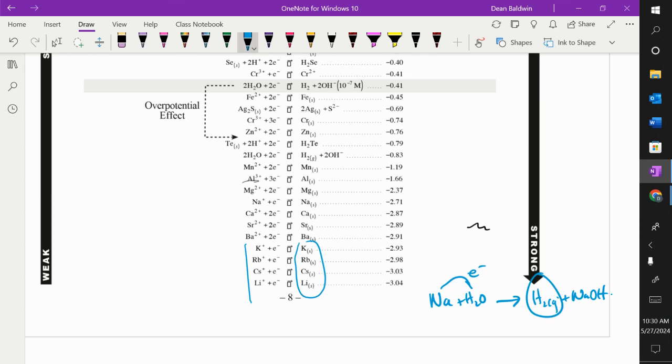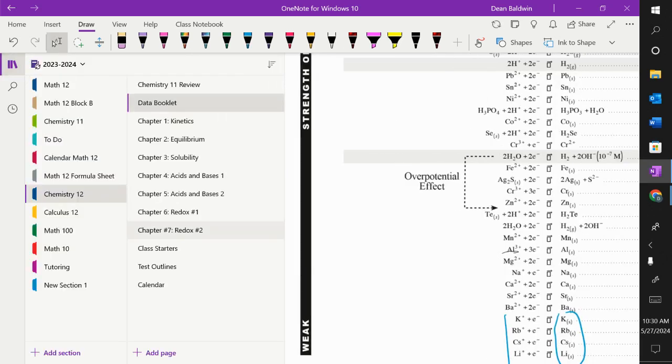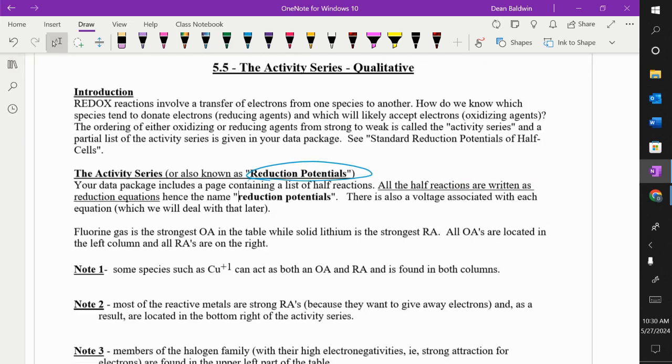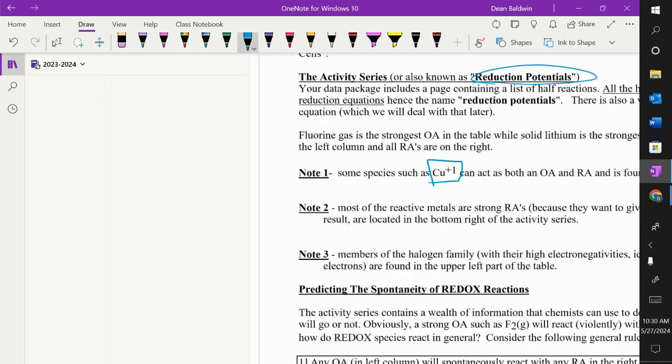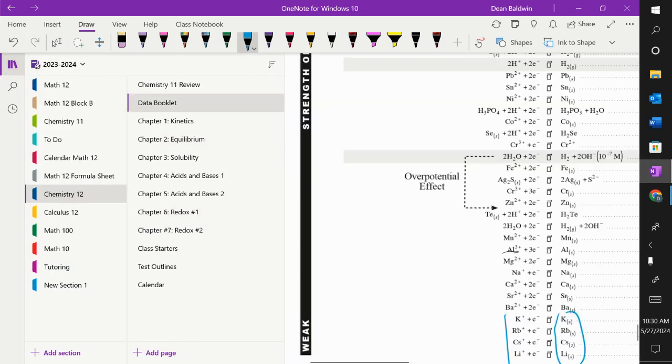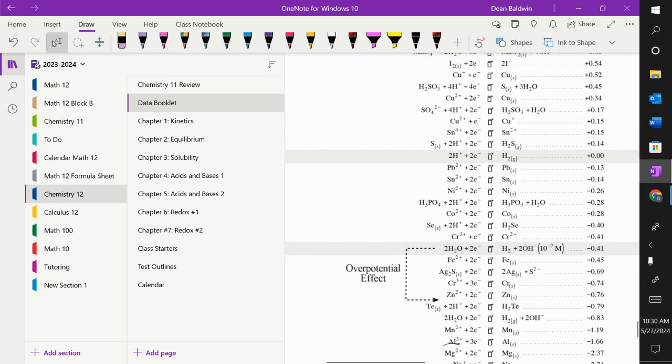Okay, so certain things, such as copper, can gain or lose an electron, as you can see in the table. The hardest part about this table is finding things on it.